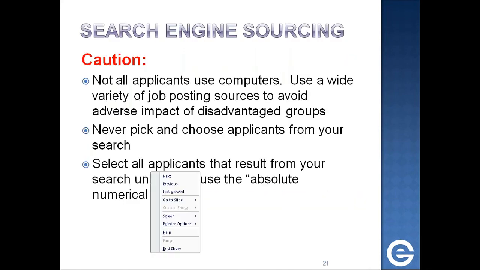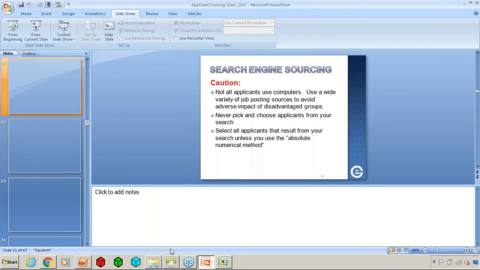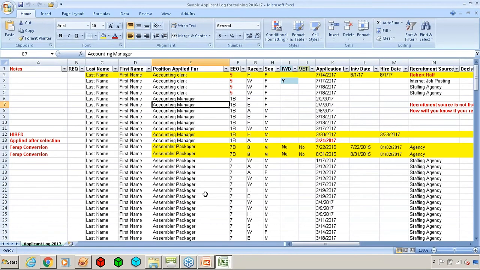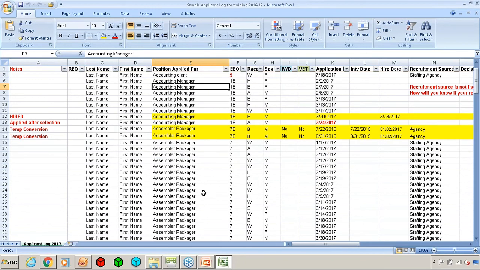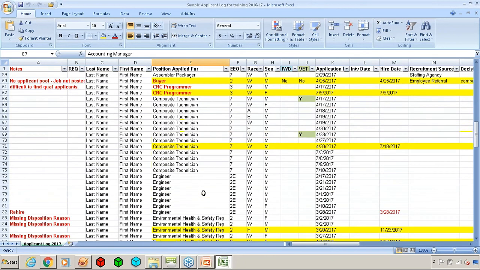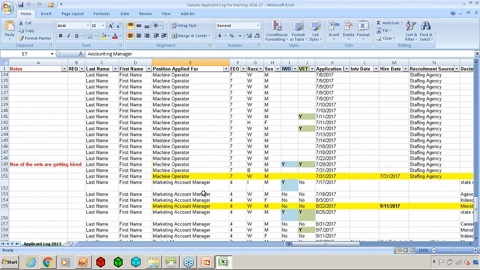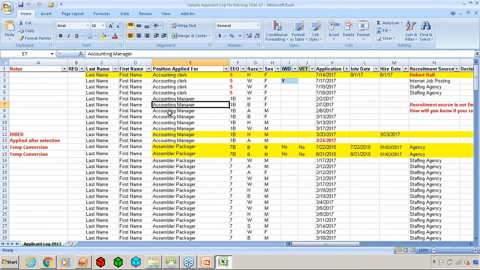These are basic qualifications. What I'd like to do first, though, is go back and take a look at this sample applicant tracking log. This is a company that posted electronically, and their applicant tracking system has tracked for them, but they have not been consistent in posting these jobs.